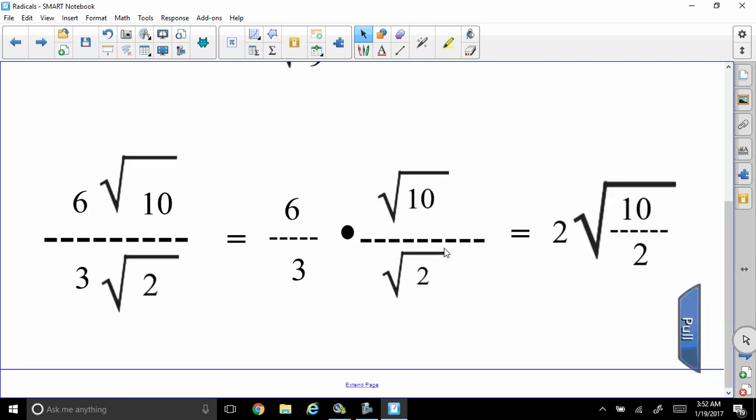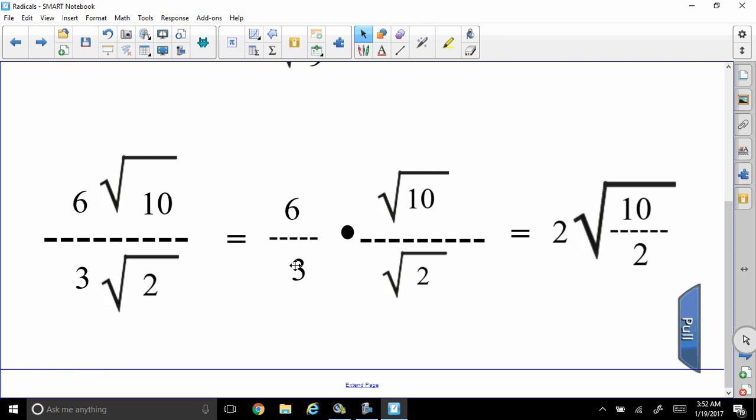So here's another one. 6 square root of 10 over 3 radical 2. So we're going to separate this into the coefficients. 6 over 3, that'll be multiplied by the radical parts, square root of 10 over the square root of 2.